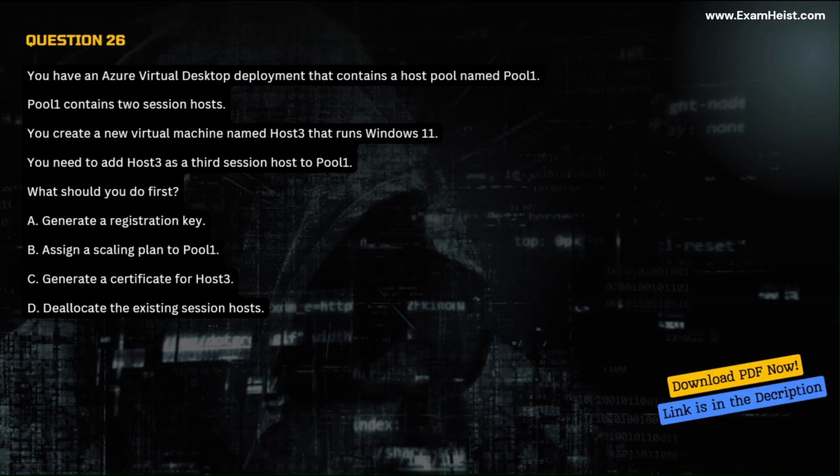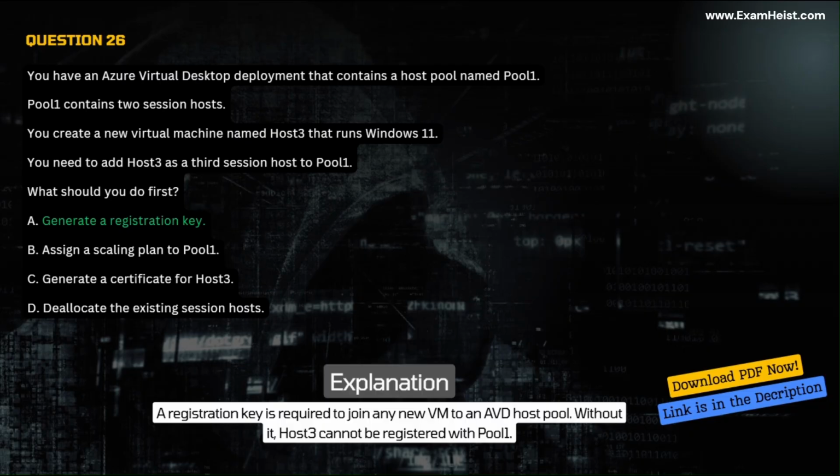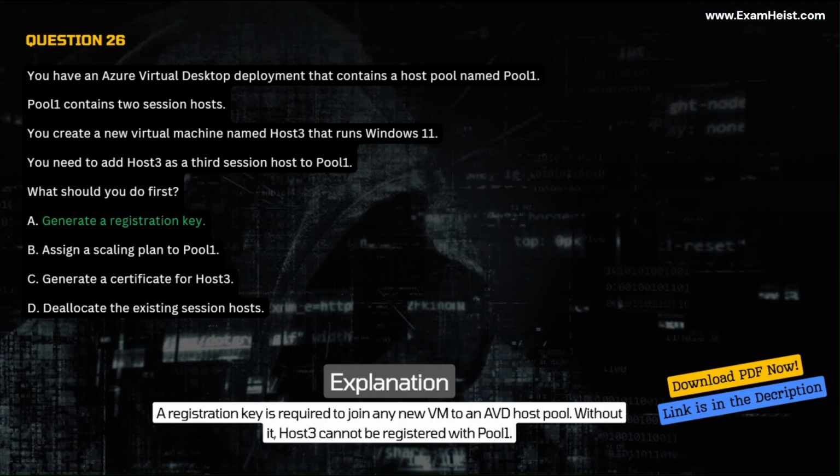B. Assign a scaling plan to Pool1. C. Generate a certificate for Host3. D. Deallocate the existing session hosts. Correct answer A. Generate a registration key. Explanation. A registration key is required to join any new VM to an AVD host pool. Without it, Host3 cannot be registered with Pool1.